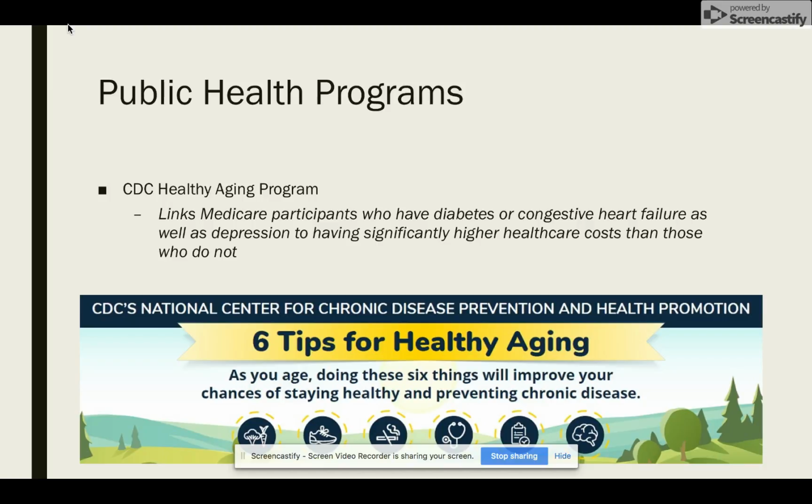It's found that people that have diabetes and congestive heart failure, as well as depression, have significantly higher healthcare costs than anyone without coexisting depression. So the link between treated depression and diabetes could really help us understand this factor, lower healthcare costs, and maybe start preventative measures in the future.